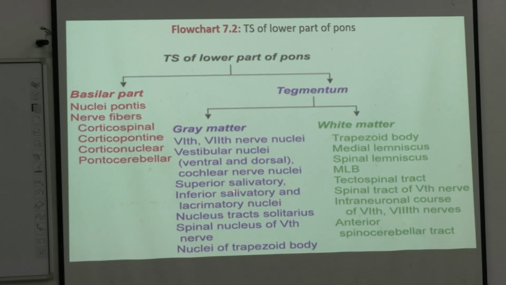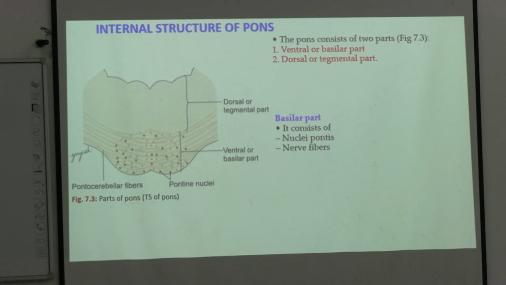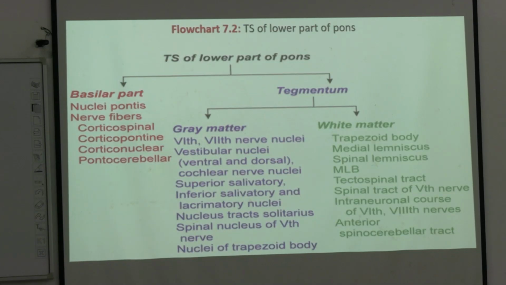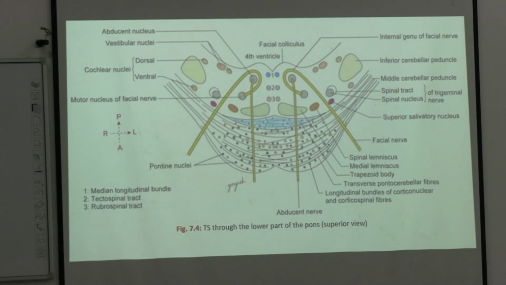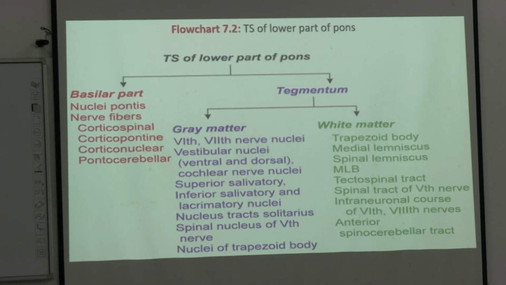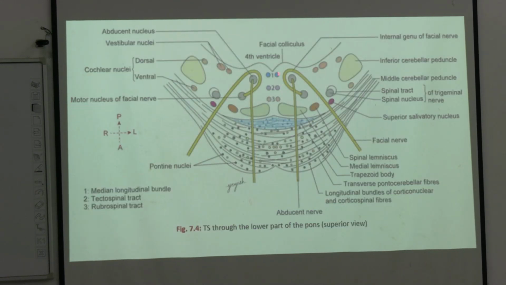So we stop at these nuclei and how they are present; we have to remember these pictures. Now other than this, we have the tracts, which means white fibers. Out of these white fibers, we have to remember the spinal and medial lemniscus, which is easy to remember, and the trapezoid body.